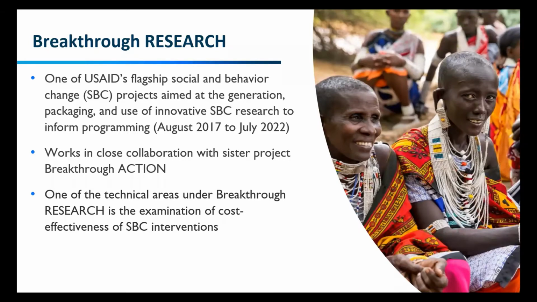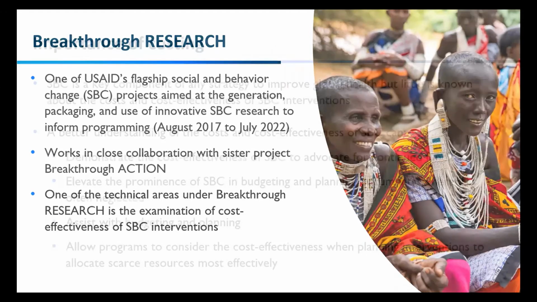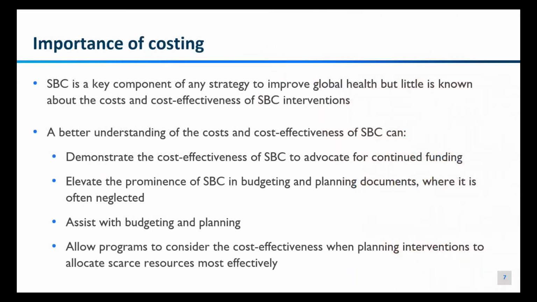Today, we are focusing on one of the key technical areas under Breakthrough Research, which looks at costing and cost effectiveness. Coming from a donor organization, the issue of costing and cost effectiveness is one that is near and dear to my heart. As part of my work with the U.S. President's Malaria Initiative, I work with country teams across 27 countries to make decisions about the appropriate level of investment in social and behavior change interventions.